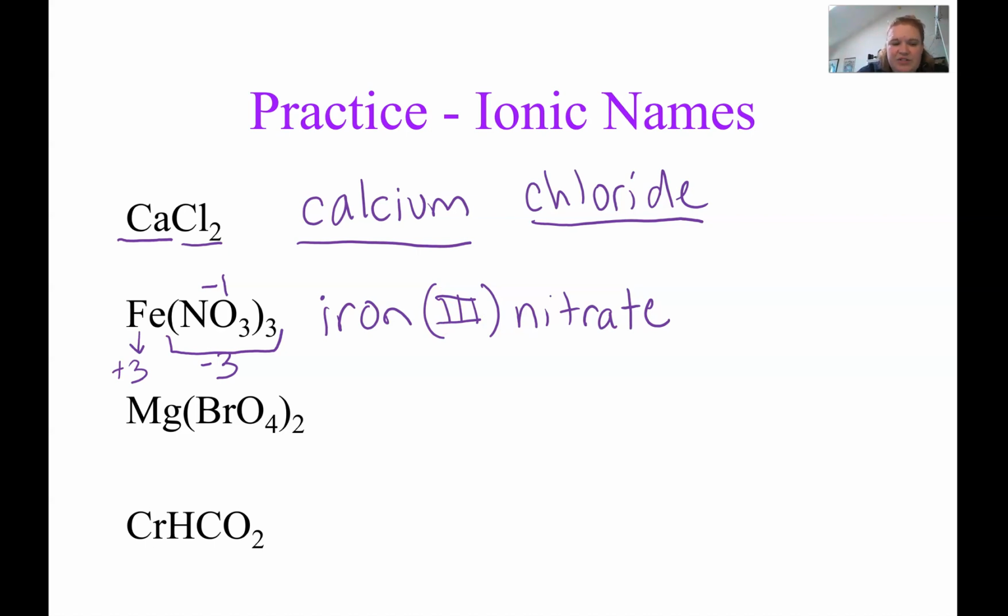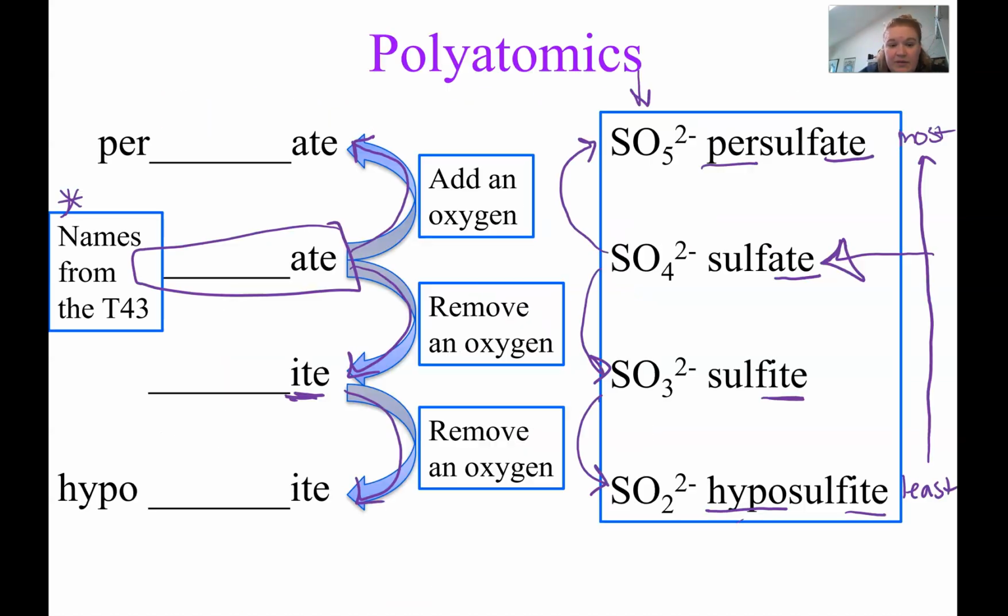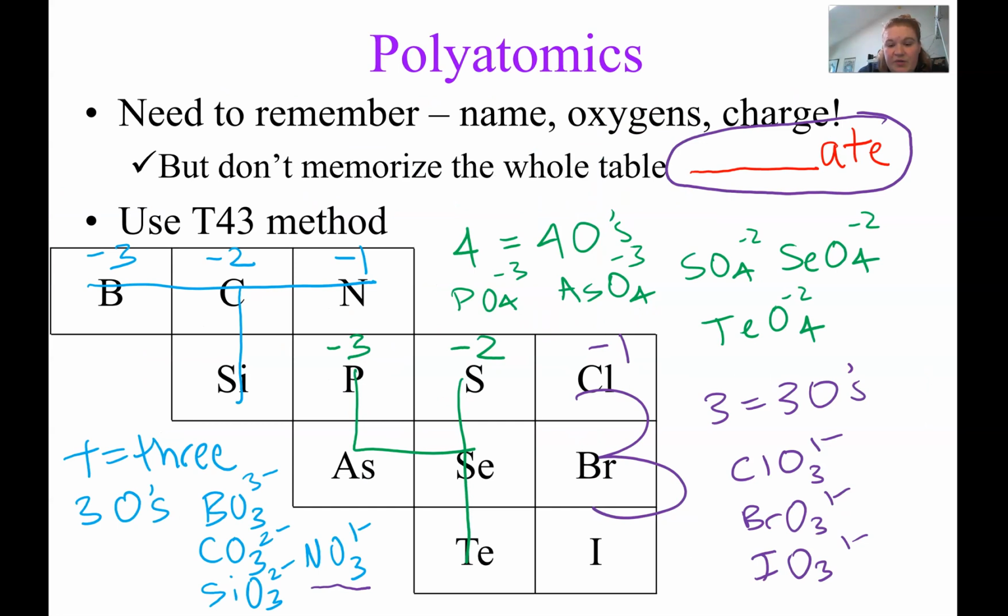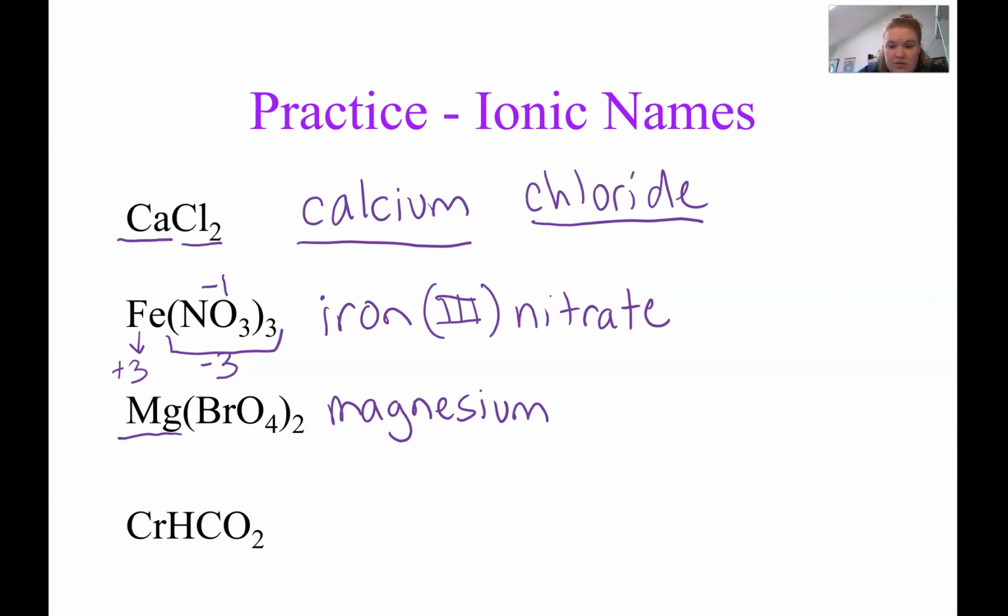All right, next example. We're starting with Mg, magnesium. Magnesium is one of our type 1 metals. So all I need to do is write down its name. And then we have BrO4. So we know it's in the bromine family. If we remember where bromine is, it's over here in the 3 section. So BrO3 is bromate. So if we know that BrO3 is bromate, and we've added an oxygen to it, then that means that this guy has to be perbromate.